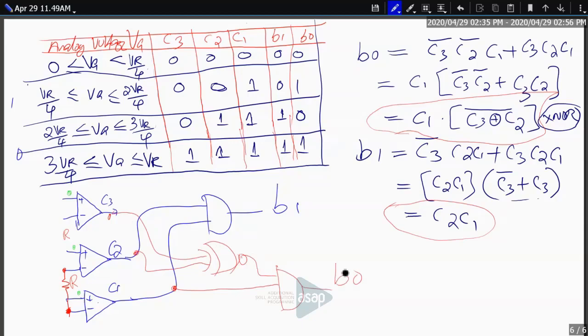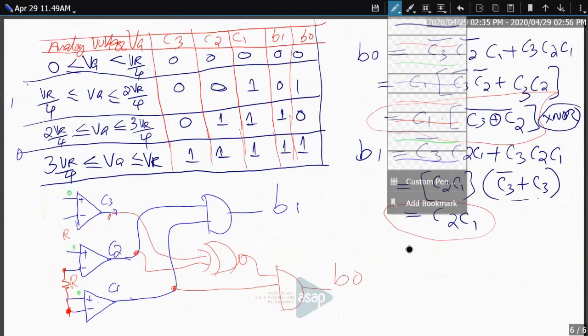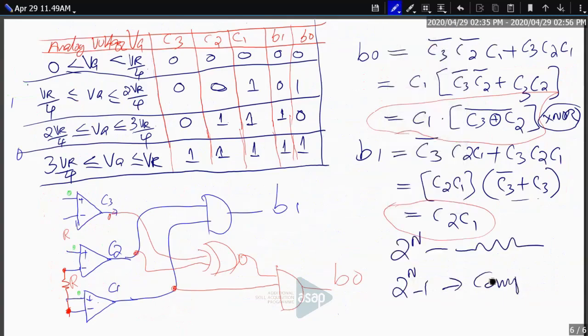This was available from the comparator section. The comparator outputs are C1, C2 and C3. Now what is B1? B1 is C2, C1. So you have an AND gate here with C2, C1. This is your B1.